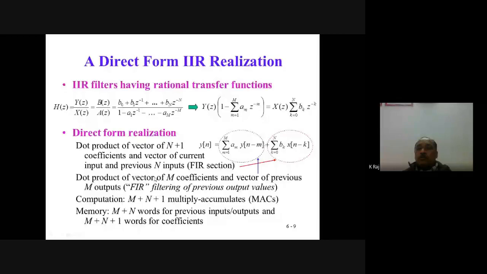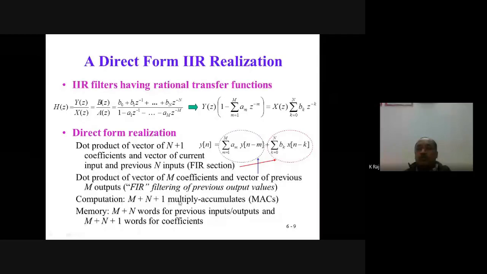Now for the computation, there are two terms. What is the computational complexity? The total computational complexity requires M plus N plus 1 multiply and accumulate operations, that is the MAC operations. And the memory required is M plus 1 words for previous inputs and outputs, and M plus N plus 1 words for the coefficients here.